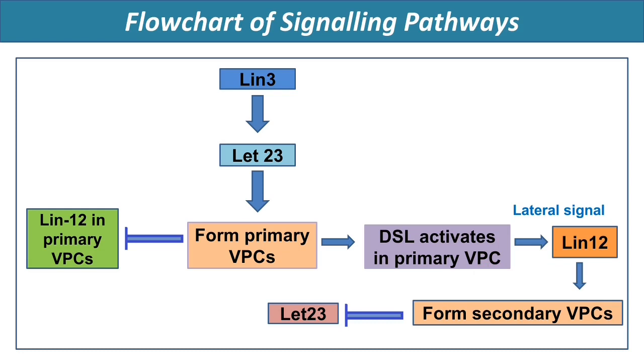So Lin-12 is an important factor in successful lateral inhibition. These are all the signaling pathways that occur during vulva formation, and in the next slide we will discuss some of the mutation cases, that is how mutation can affect vulva formation.